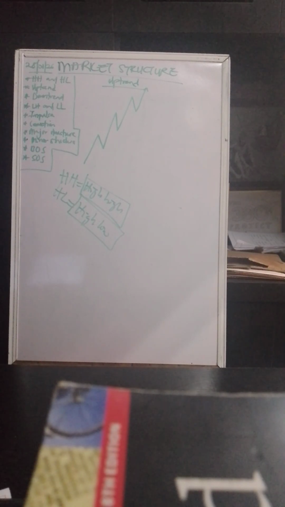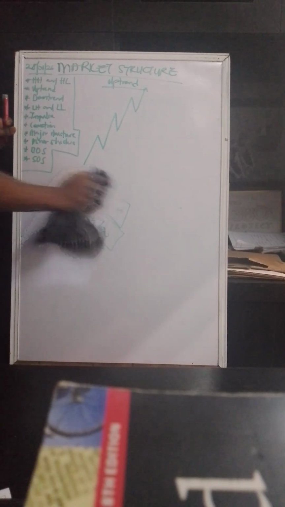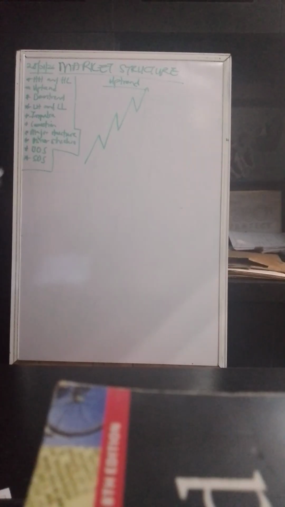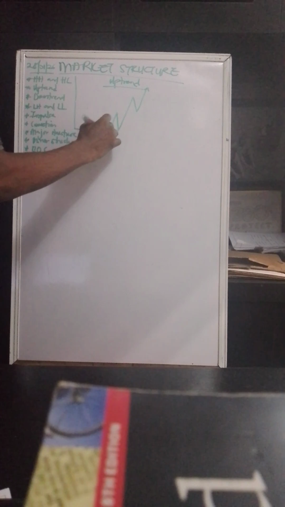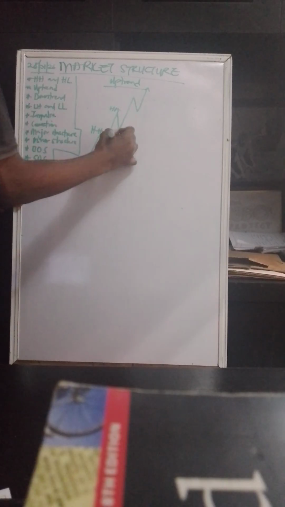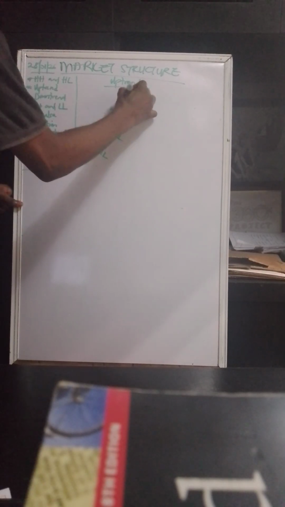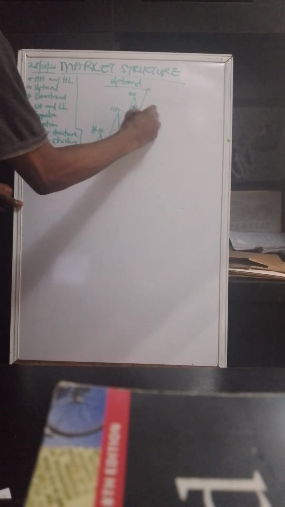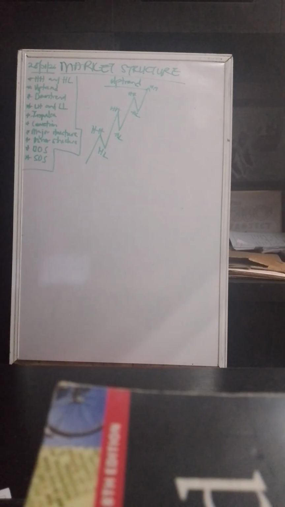So, if we come onto this chart, we can notice that this is a higher high. If I'm correct, yes, I'm correct. And this is a higher low. This is a higher high. This is a higher low. Higher high, higher low, higher high. Very simple. So the market moves in higher highs and higher lows in an uptrend.